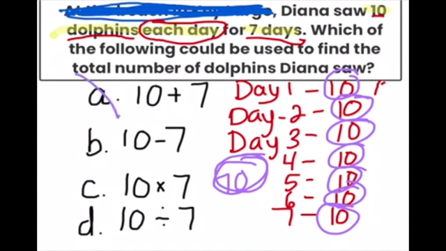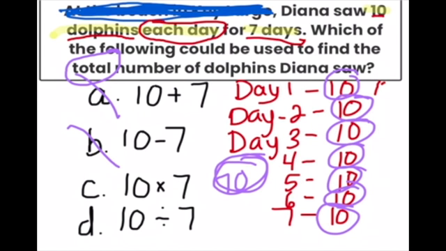So definitely not A. Let's look at B. 10 minus 7. Well, what would I get for 10 minus 7? I would get 3. I would not get 70. So it would not make any sense at all, especially when I have to find the total. So I'm going to rule that out too.